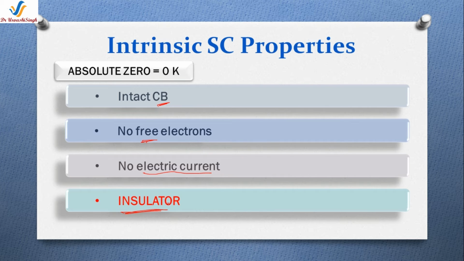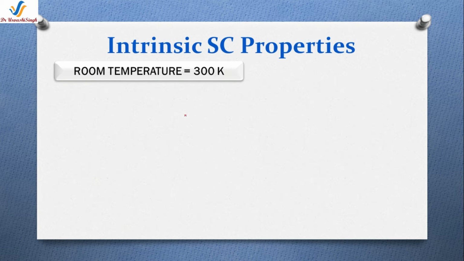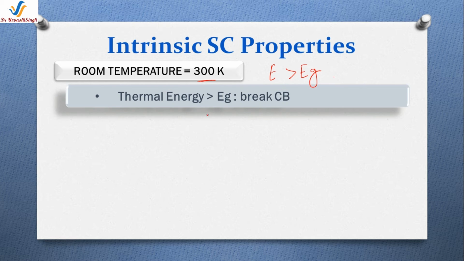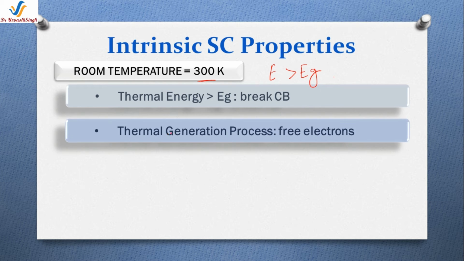Now let's see the behavior of the intrinsic semiconductor at room temperature. Room temperature is 300 Kelvin. At this temperature the thermal energy is much greater than the energy gap, and that's why the valence electrons can break the covalent bond and therefore there will be free electrons, and this process is called the thermal generation process.